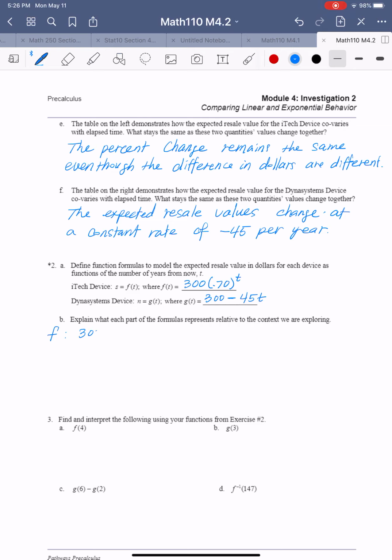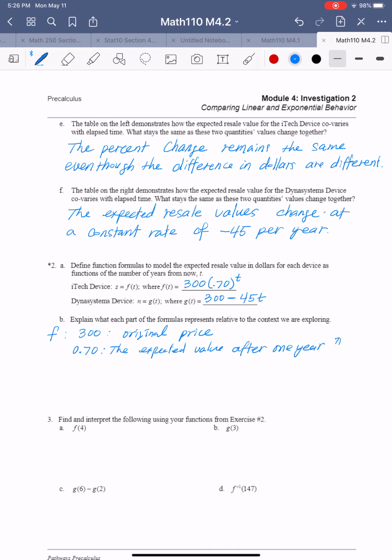So 300 was the original price, and then the 0.7 was the expected value after each year.